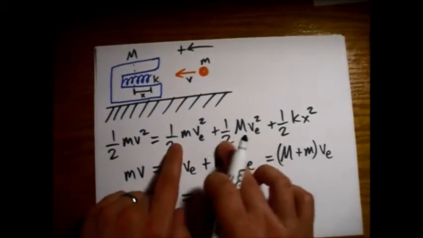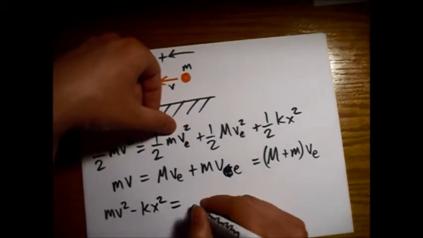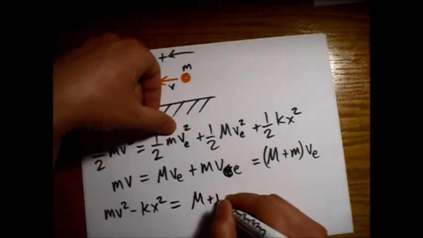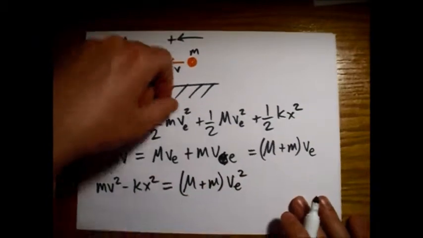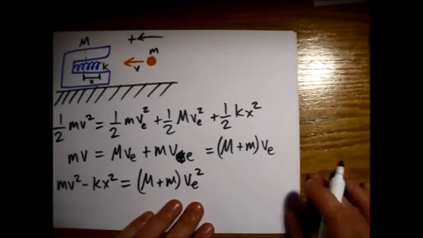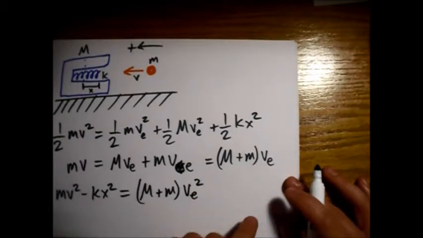Okay, so now we just have these two terms left, and I'm going to go ahead and factor out the big M plus little m. Alright, so it's just a bunch of algebra, basically. We pretty much already have the answer.